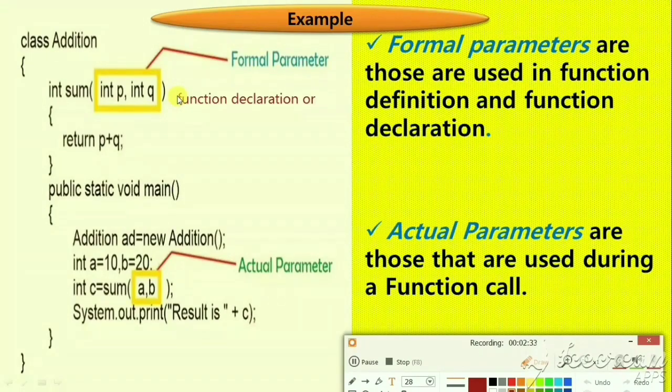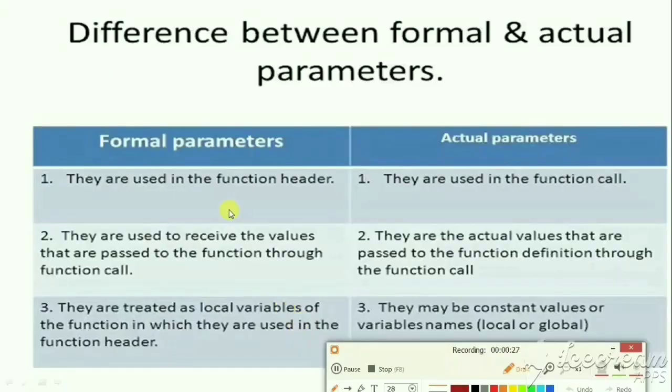This is the first line of the function declaration. Now here this is a function call. So the parameters declared in the function definition or function declaration are called formal parameters, and the parameters declared in the function call are called actual parameters.